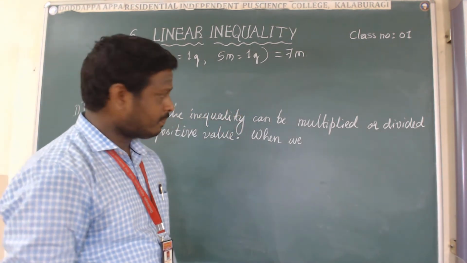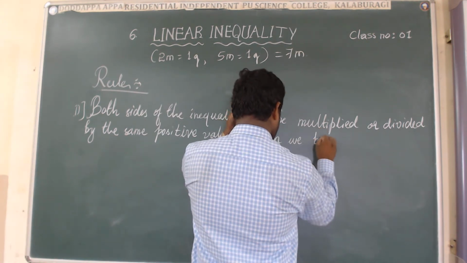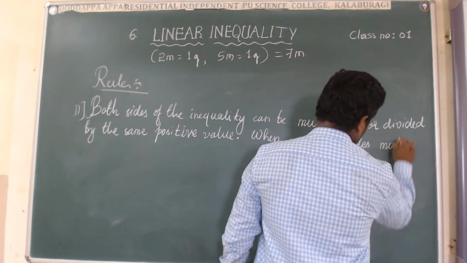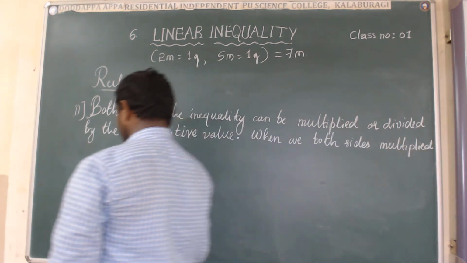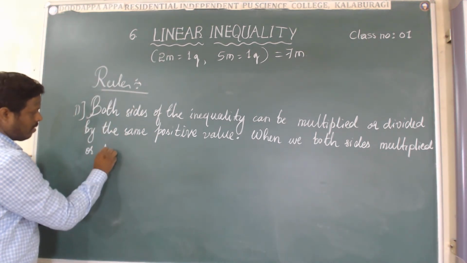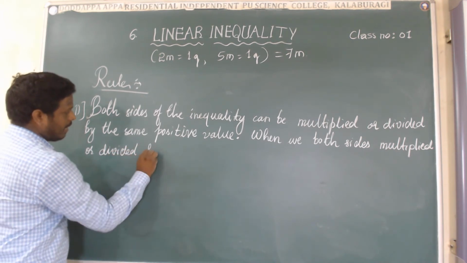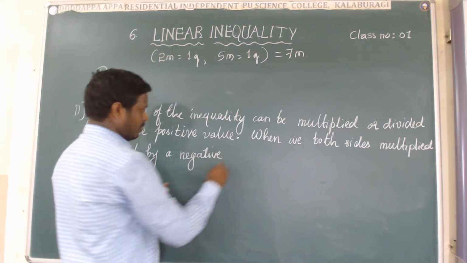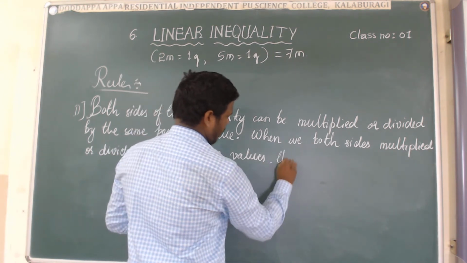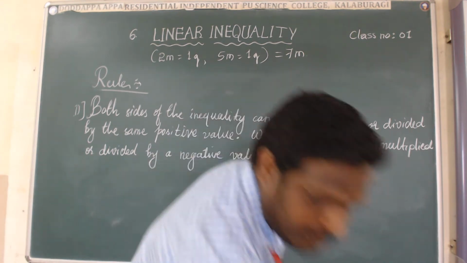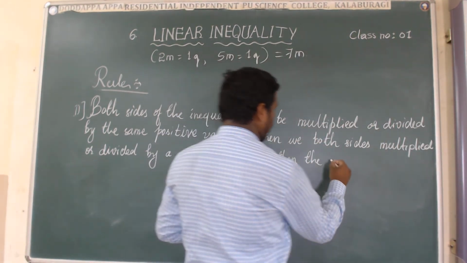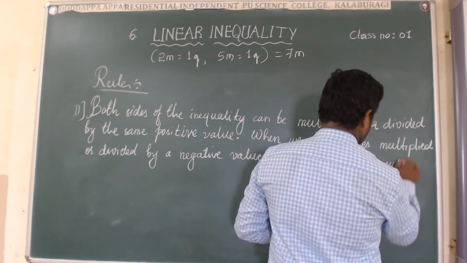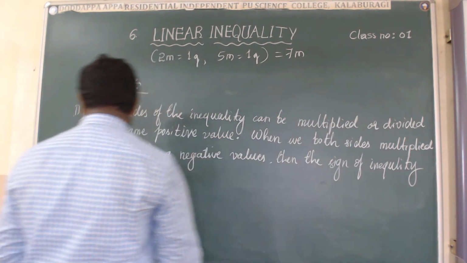When we multiply or divide both sides by a negative value, then the sign of inequality is reversed.